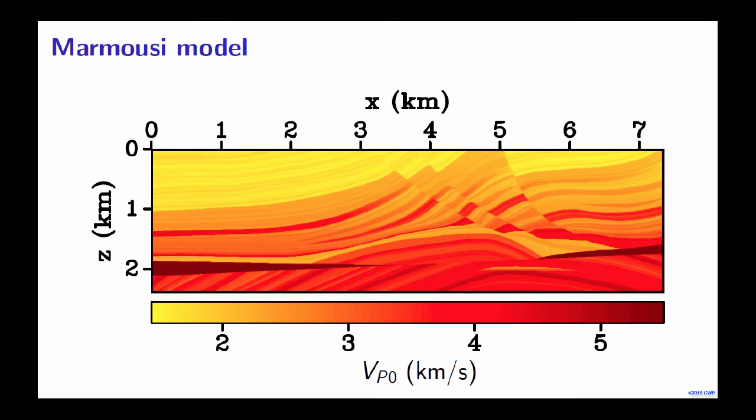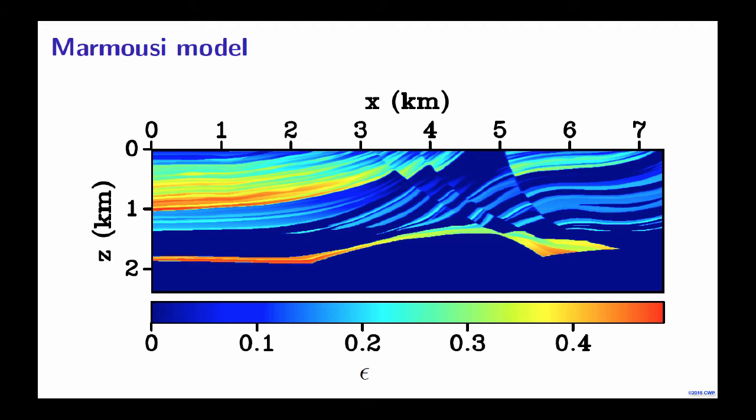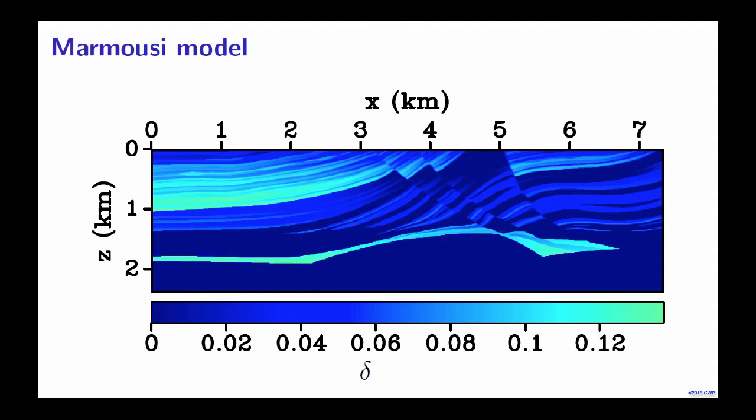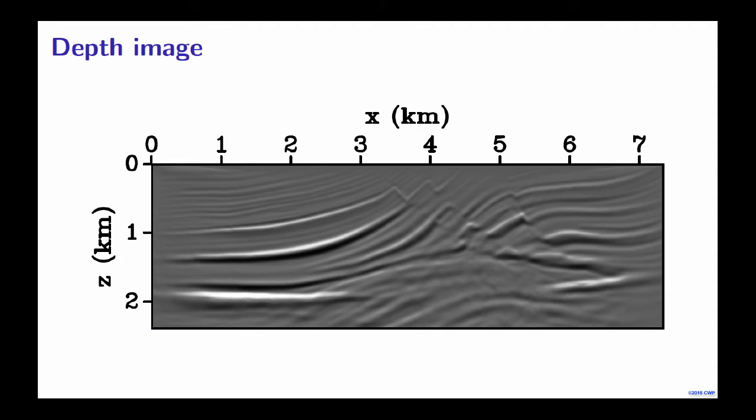There are discontinuities along the reflector caused by the faults, and our objective is to image these discontinuities using this methodology. This is the epsilon field, the delta field, and this is the conventional image produced by Kirchhoff migration.